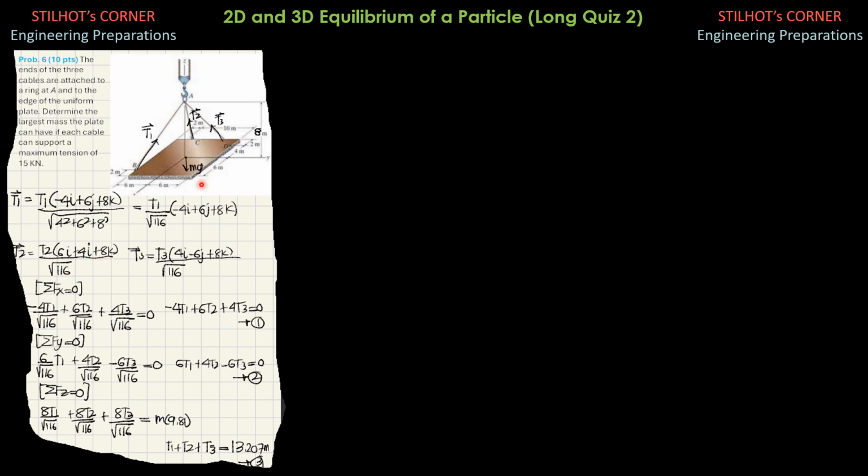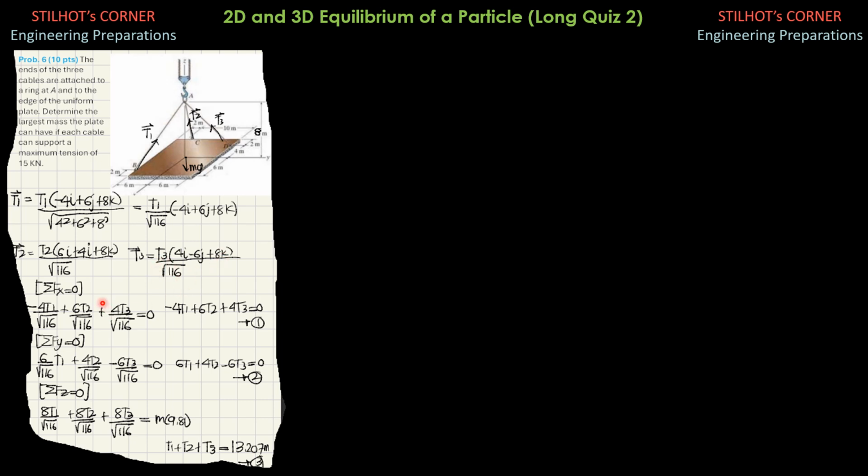While T3 in vector form is directed forward also. It begins at D. So forward 4, so 4i, then leftward 6, so negative 6j, then upward 8k over the same magnitude, square root of 116.